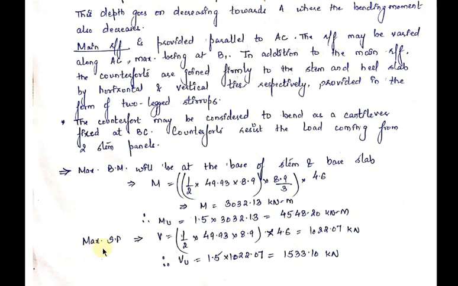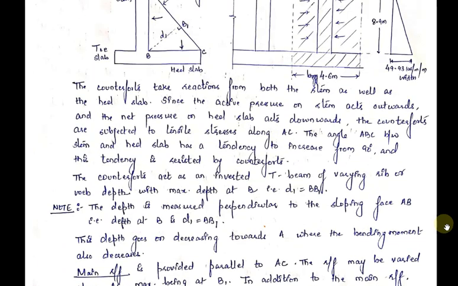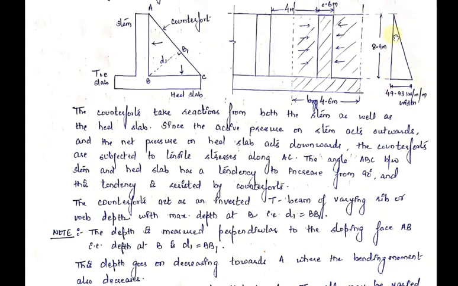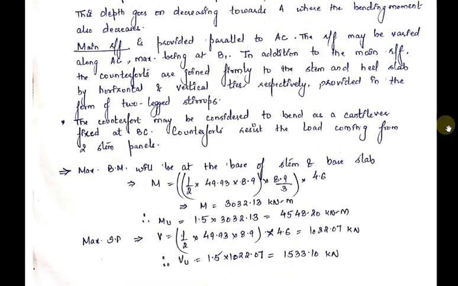Again, the maximum shear force will also be at the base of the counterfort retaining wall, and the shear force will be equal to the force acting on the right part of this BC portion. On the right part there is only one force, so this is a triangular force. So convert this triangular area into force.